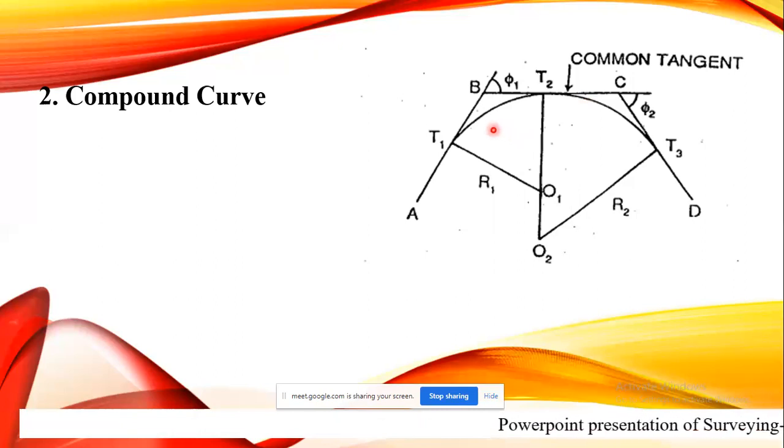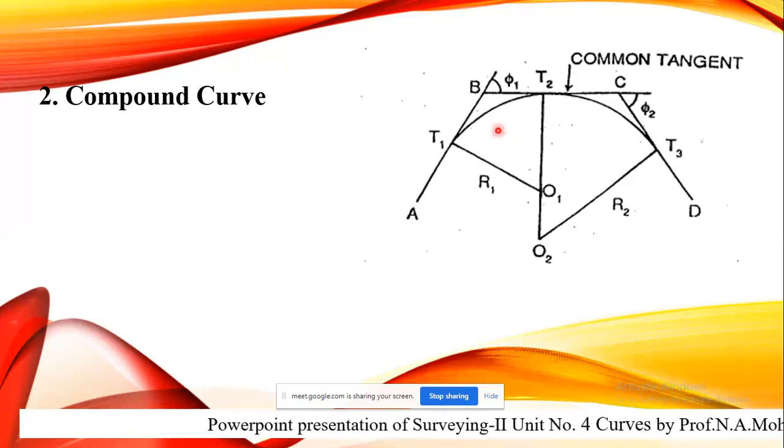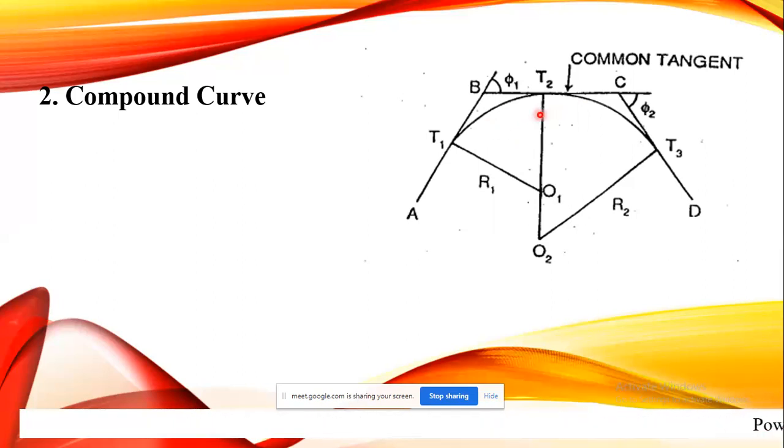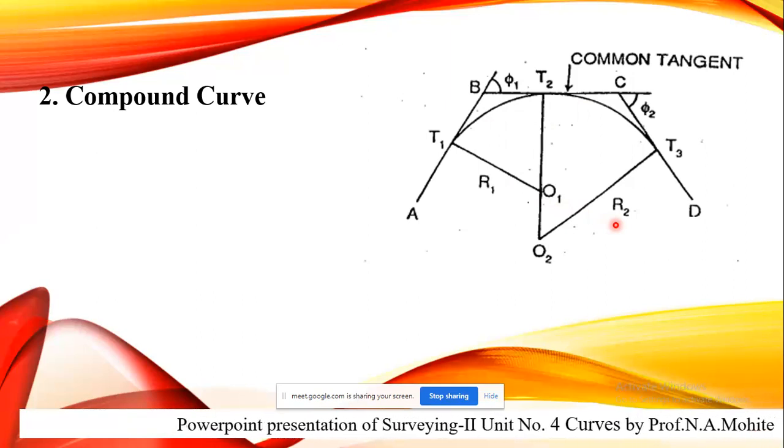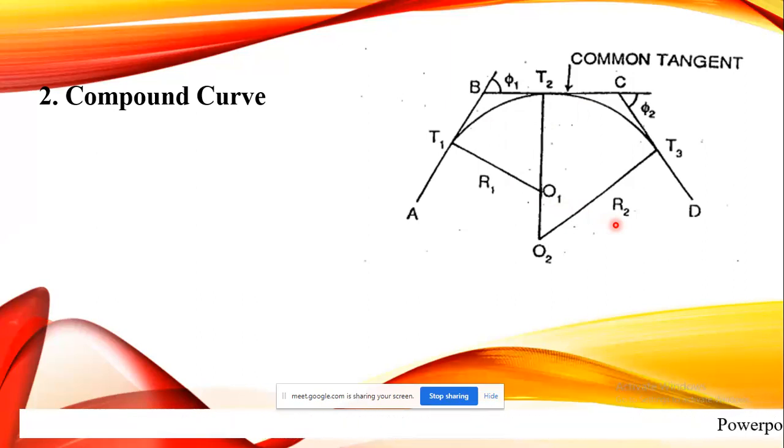When there are two or more arcs with different radii, here the first is R1 and the second is R2, such a curve is called a compound curve.